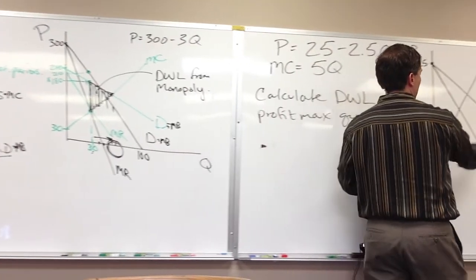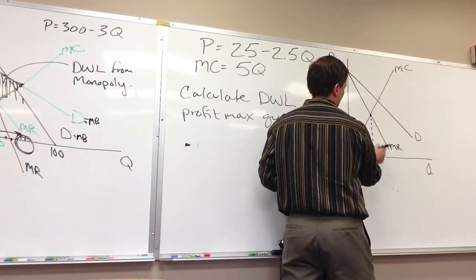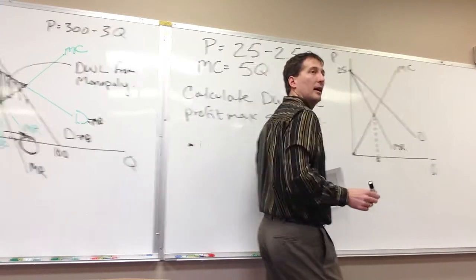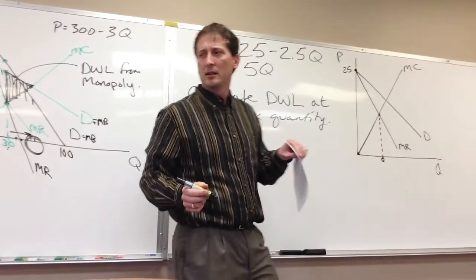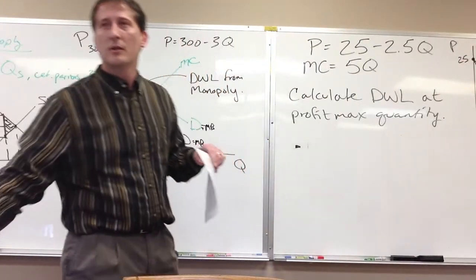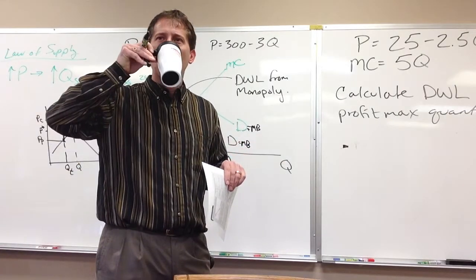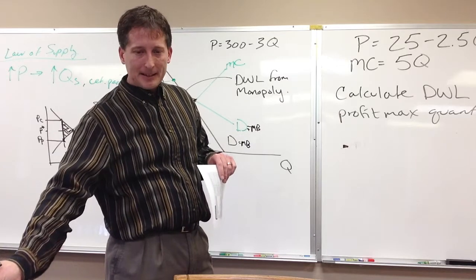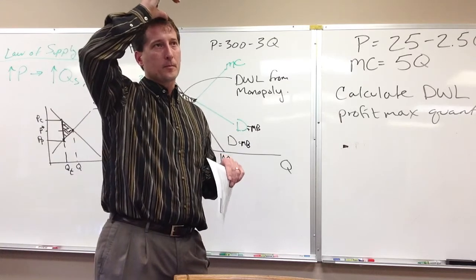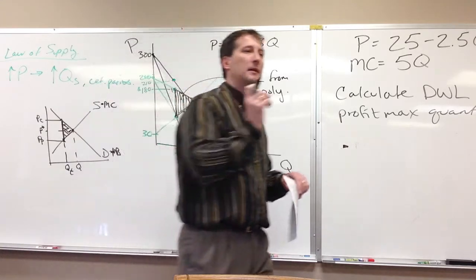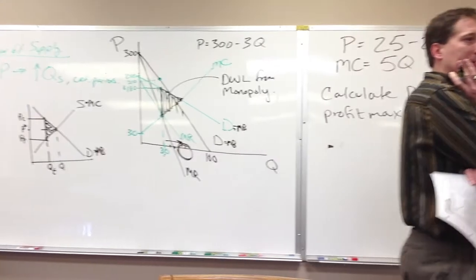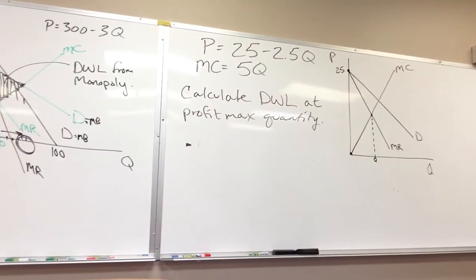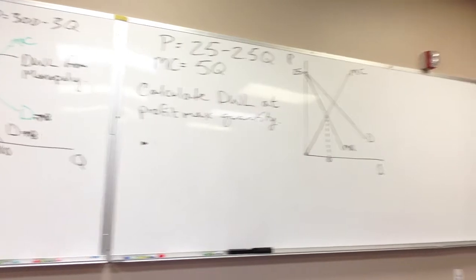What did we calculate last time where marginal revenue equaled marginal cost? The monopolist was producing a quantity of, which was that? Everybody got their old one? Pull out your old notes.